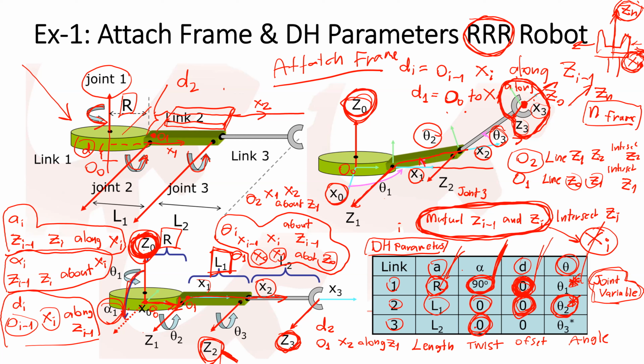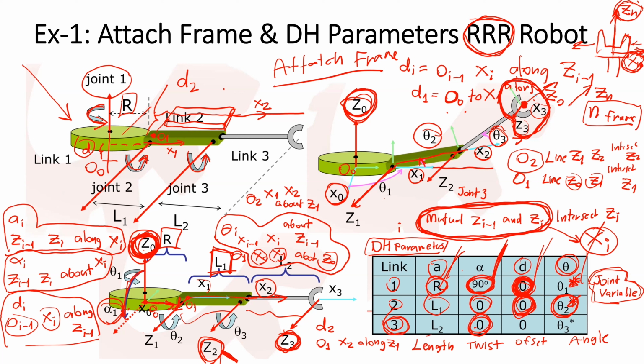For link 3, you will check by yourself, but as I mentioned, the relationship between frame 3 and frame 2, and the relationship between frame 1 and frame 2 are the same.